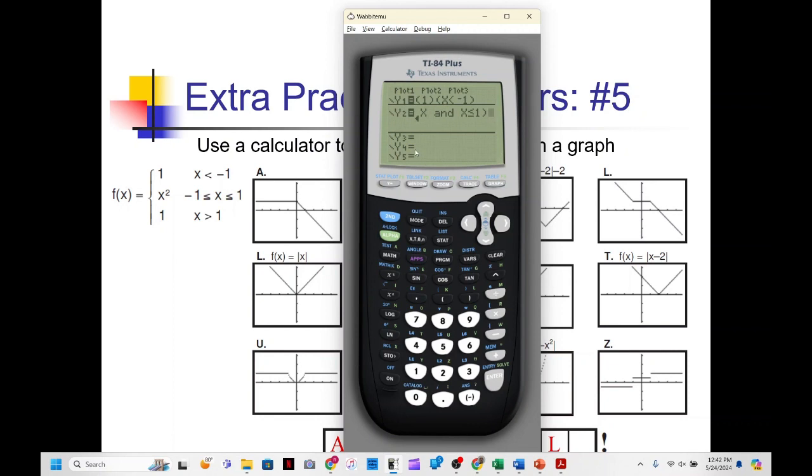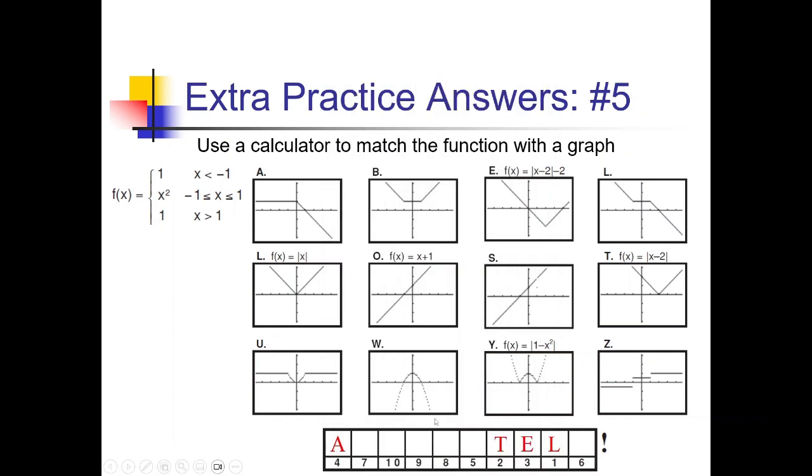So that's kind of crazy. And then this last one is less crazy. It's just 1 and x greater than 1. Let me do graph to get all that. Hope for the best. So there's a horizontal line, a little parabola piece, and another horizontal line. And that matches up with choice U. So 5 is U.